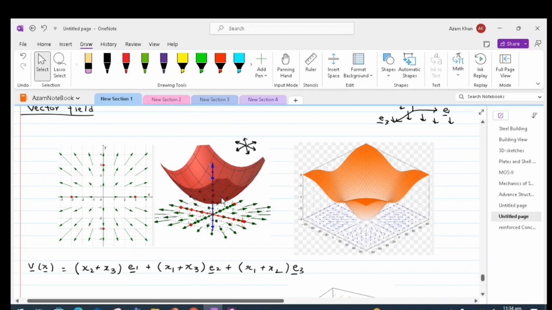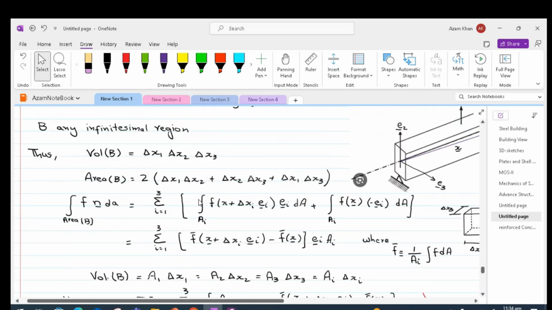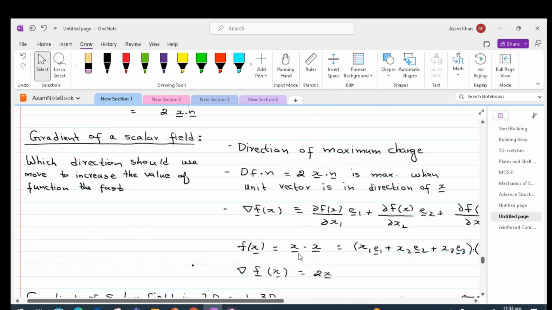So we can work out the gradient of this surface using the equation which we discussed above, the gradient of a scalar function equation. Please notice that the gradient of a scalar function is a vector. Why? Because we are multiplying the unit vectors with it. So this gives us a vector.